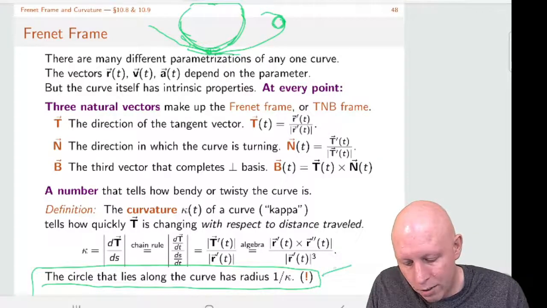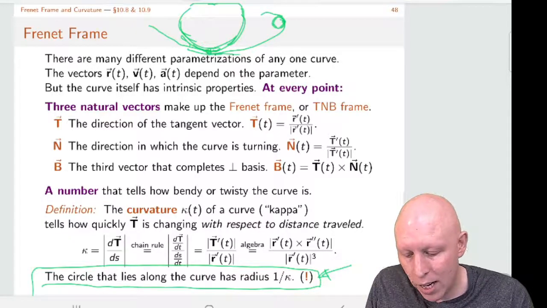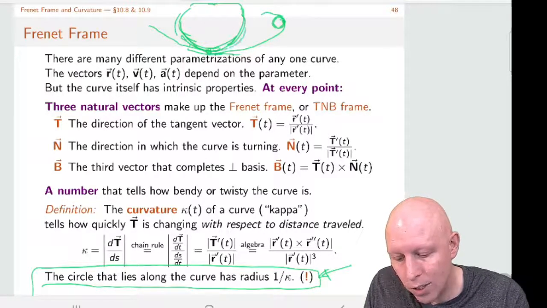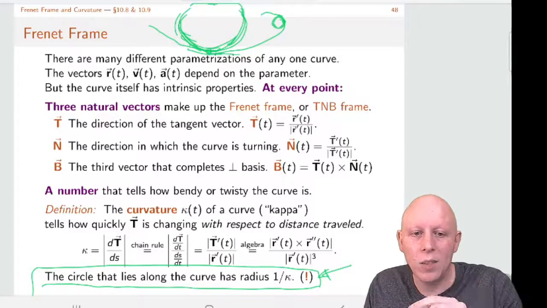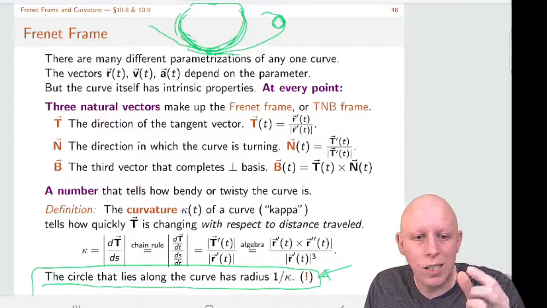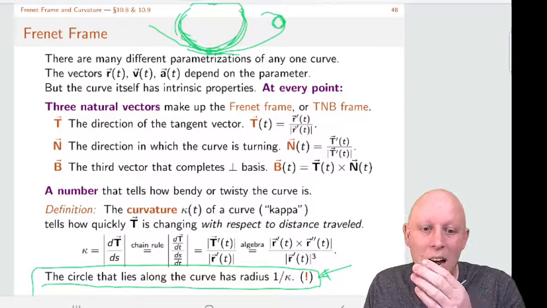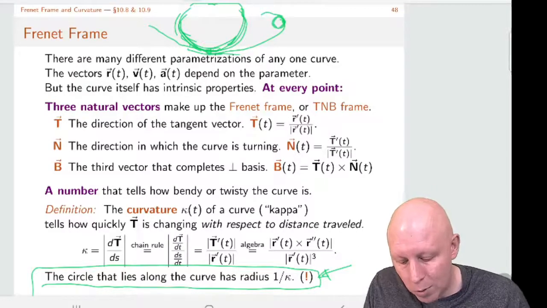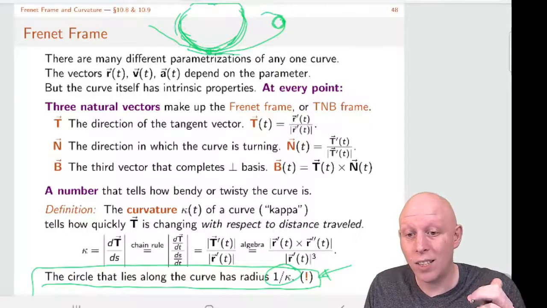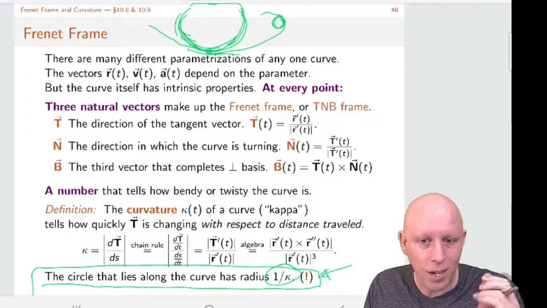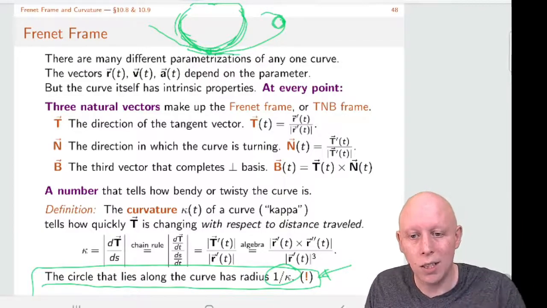So if you want a geometric understanding of the curvature, it corresponds to the size of the circle that lies on the curve. Because this has an inverse relationship with how curvy the function is, we would expect this type of inverse relationship. If you figured out exactly the radius of that circle that nests, and you take 1 divided by that, you get the curvature.